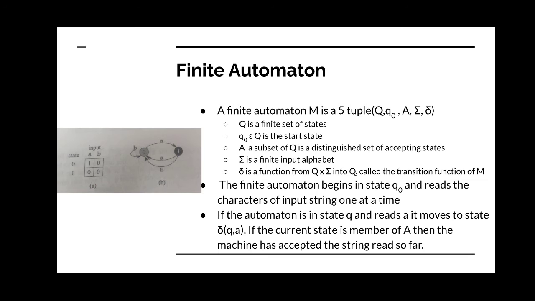If it is in state 1 and it reads a, it goes back to state 0. Again, if it is in state 1 and reads a character b, it goes back to state 0, but if it is in state 0 and reads b, it remains in state 0. That is defined by the function also, and by the table which we can call the transition table.